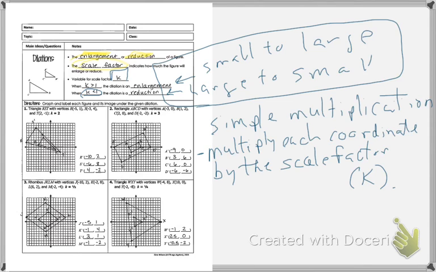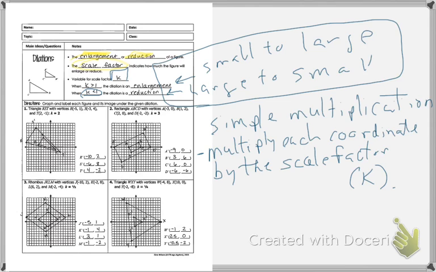Let's look at number 1, and I'll go through at least 3 or 4 problems, but you're going to see you're going to just multiply. I give you the scale factor, I give you the coordinates or the vertices to each one of the corners of whatever figure we're working with, and you're just going to multiply that scale factor.